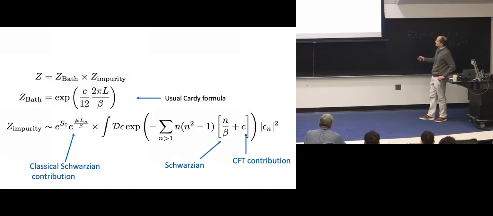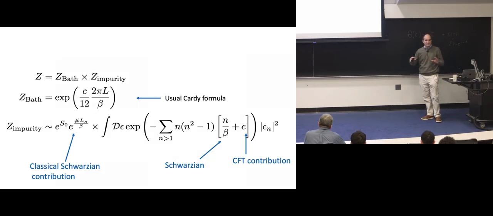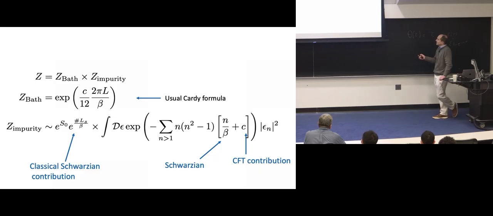Then there is a second term that comes from the conformal field theory. I'll explain how it arises in a second, but if you wish, it's induced from the degrees of freedom of the conformal field theory. The second term is proportional to c, and it's essentially conformally invariant.